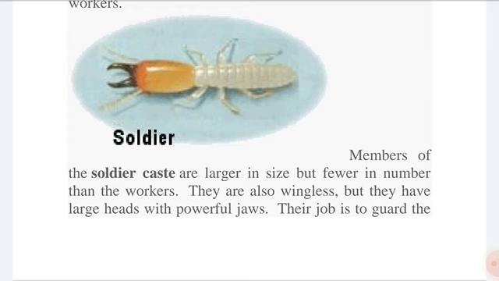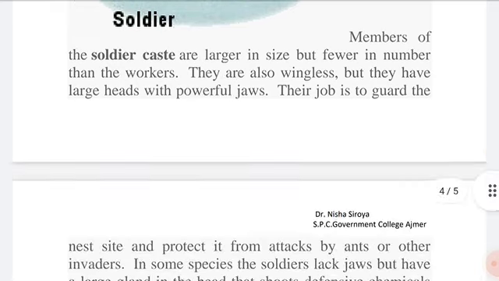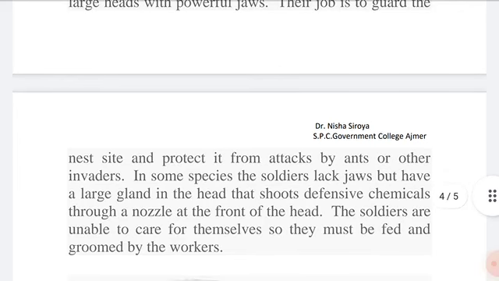Their job is to guard the nest site and protect it from attacks by ants or any other invaders. In some species, the soldiers lack jaws but have large glands in the head and shoot defensive chemicals through a nozzle at the front of the head.